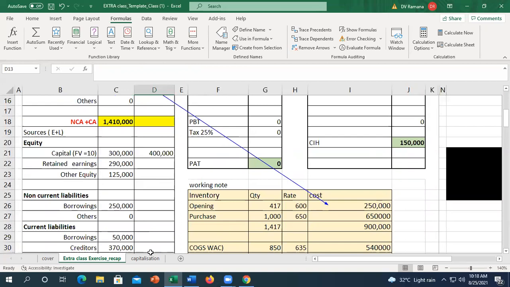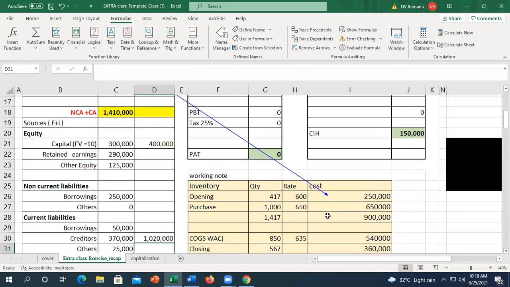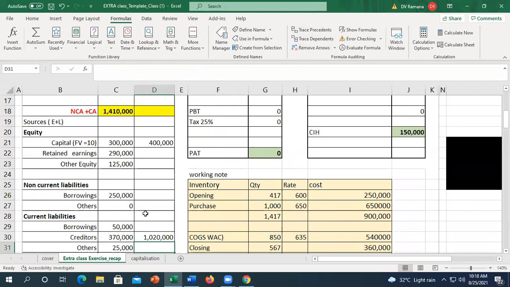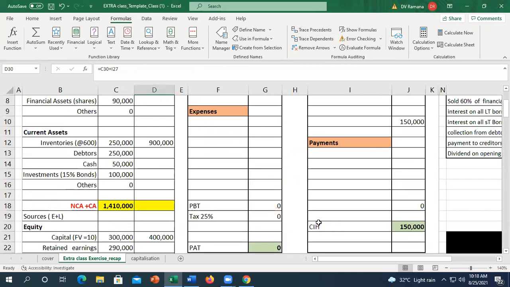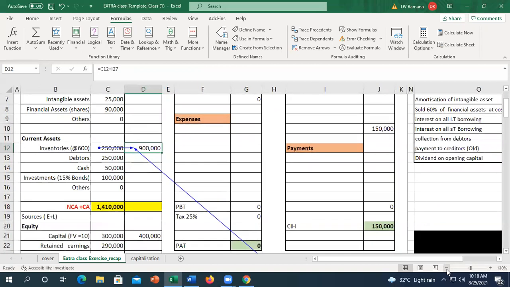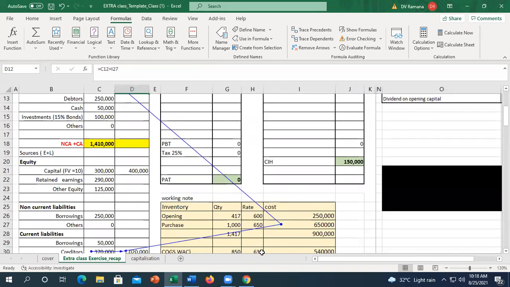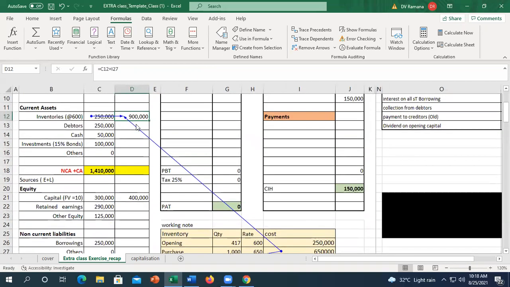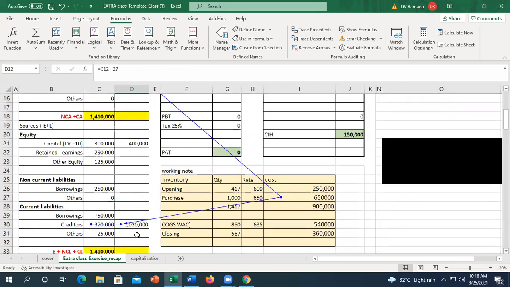But the creditors will increase to the extent of the purchase of stock on credit. The change in creditors is the opening creditors plus the credit purchases. The change in inventory is the opening inventory plus the current purchases. Increase in asset resulted in creation of a liability.